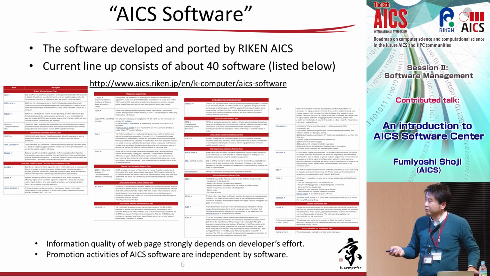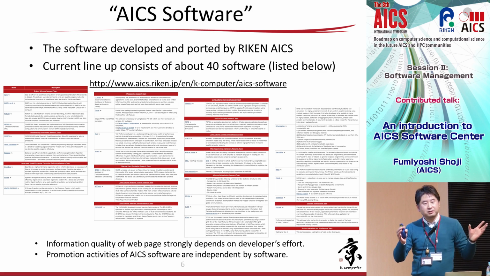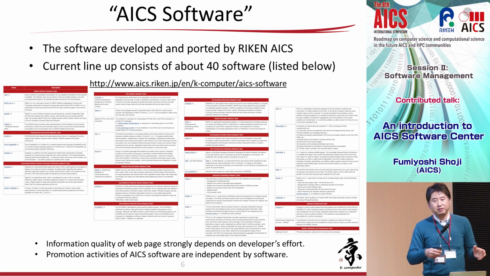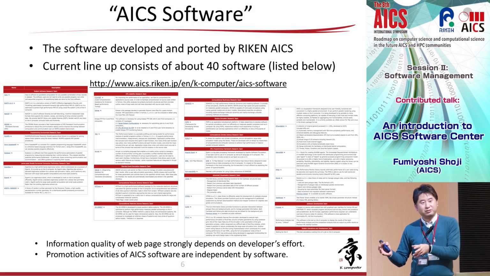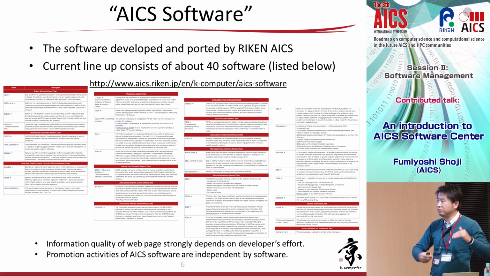I think the information quality of the web page strongly depends on the developer's efforts. So yeah, there are some good pages which include high quality information for users, but the other pages are not so. There is a very big difference in quality.